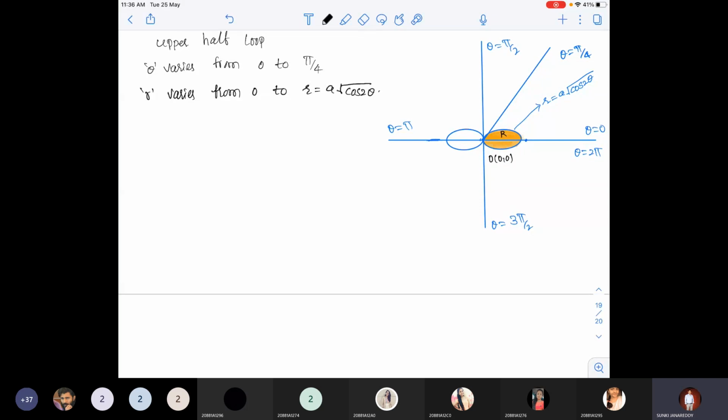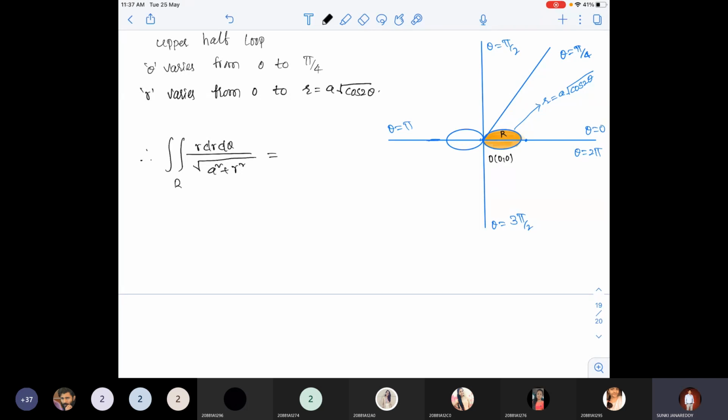After that one, here directly evaluate this value. Here double integral over R, R into dr into d theta by under root a square plus R square. Here now that one is equal to.